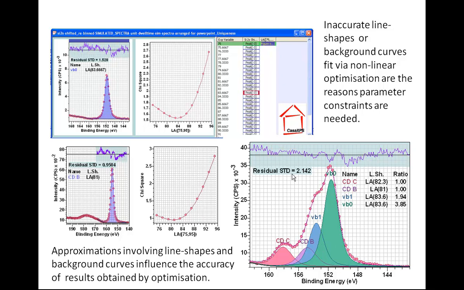And we can see here that it's not ideal. In no sense is this the residual standard deviation that you would expect, and the residual itself is not uniform. Nevertheless, given that we do not have the perfect line shapes for these data, we sometimes have to accept that we do not have a perfect residual and a perfect residual plot.